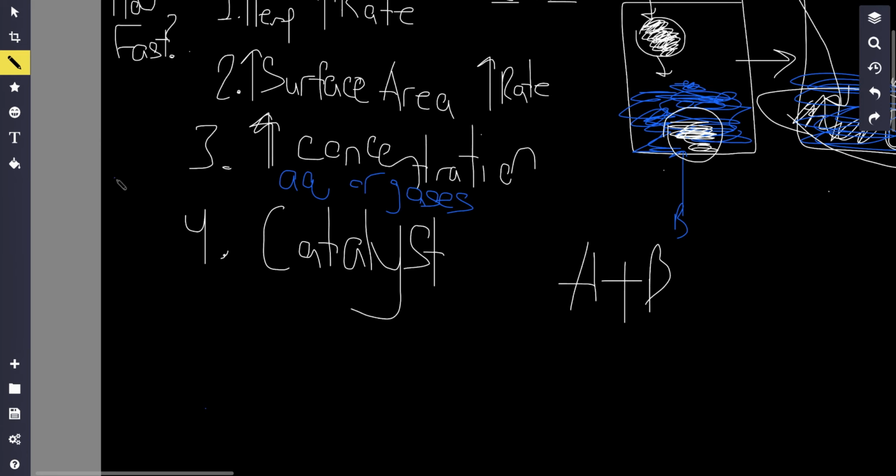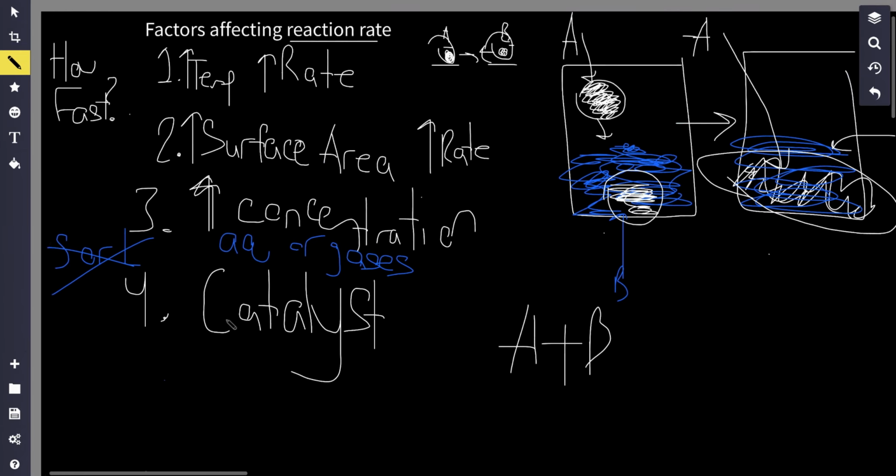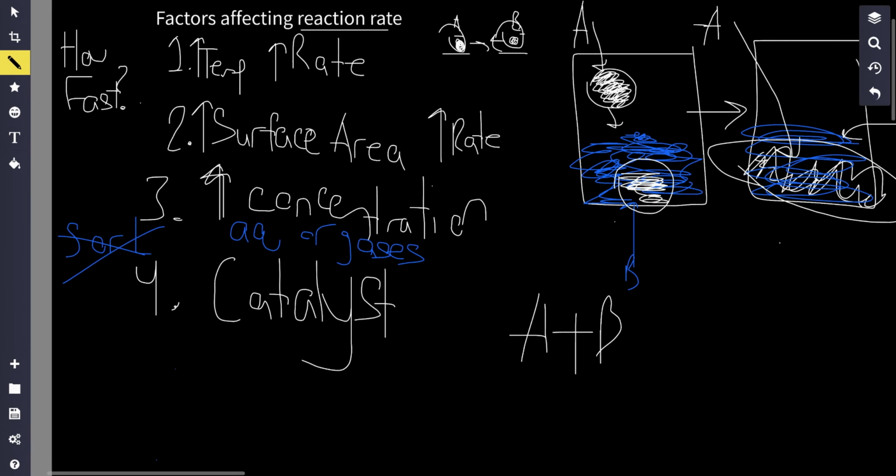When we're talking about concentrations, we don't really talk about solids or liquids. The reason why is because the concentration of solids or liquids actually stays constant during a chemical reaction. Their concentrations do not change. And I talk about this in the equilibrium constant video, so feel free to check that out.